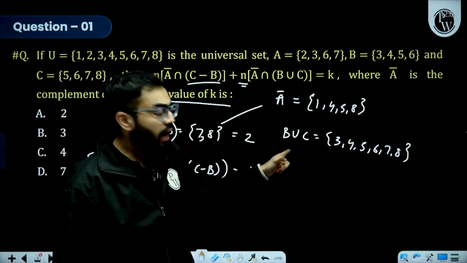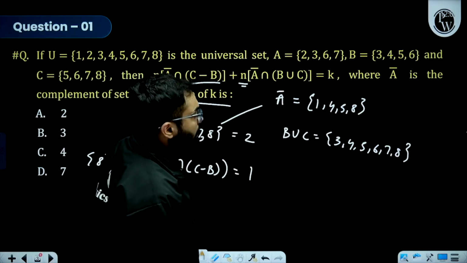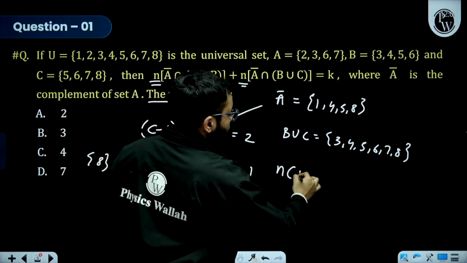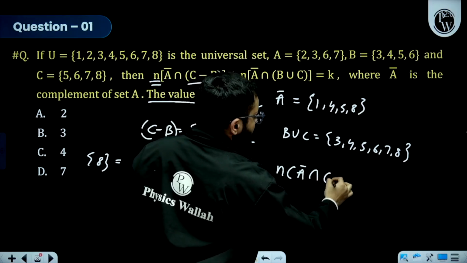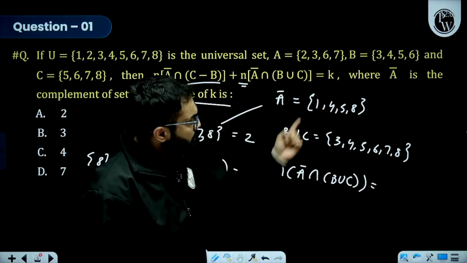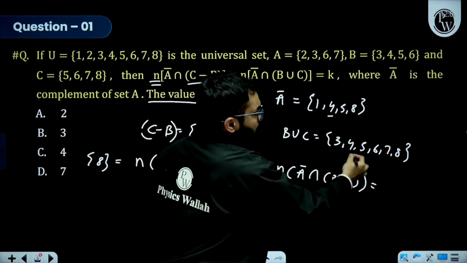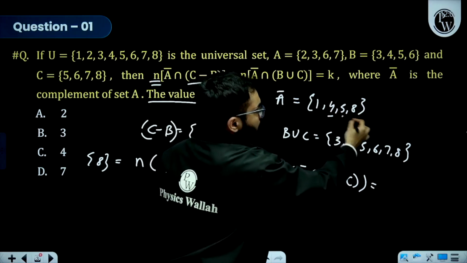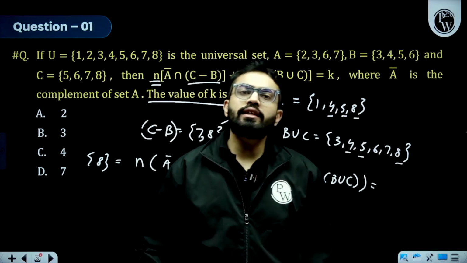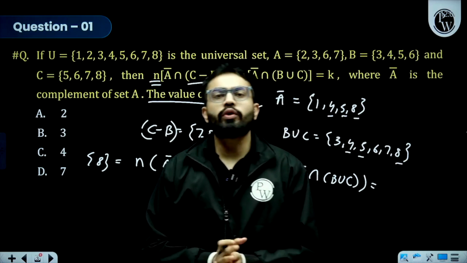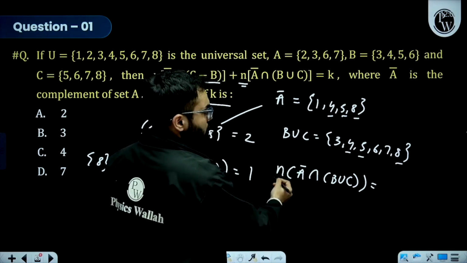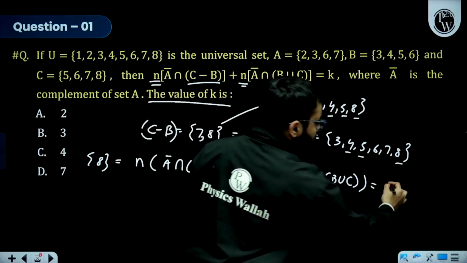So with A complement and this having common elements, we need to find how many common elements are there. So n(A complement ∩ (B ∪ C)) is going to be, we can see 4 being in both these sets, 5 being in both of these sets and 8 also being in both of these sets. So basically the number of elements common in these two is going to be 3 elements, that are 4, 5 and 8. Since we are just asked for the cardinality, it is going to be 3.